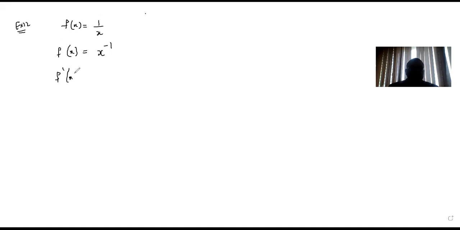Now my f dash x: the constant comes at front, this is variable, power will be reduced by 1. So it is minus 1 x raised to power minus 2, which is minus 1 upon x square. This is the derivative of this.